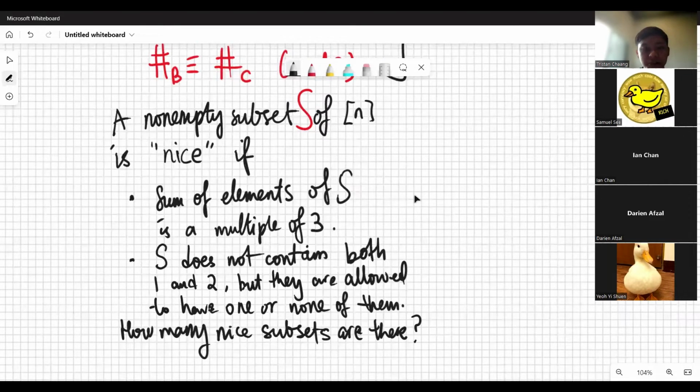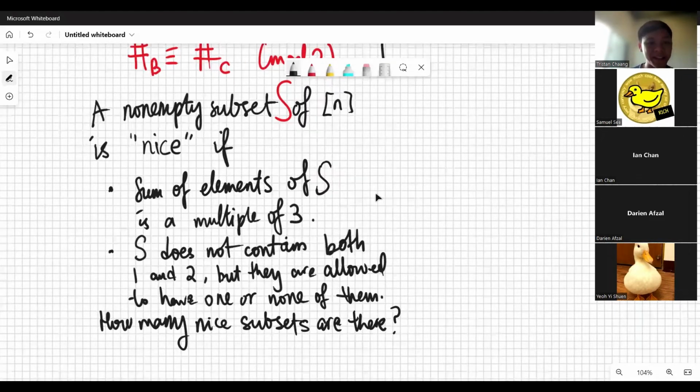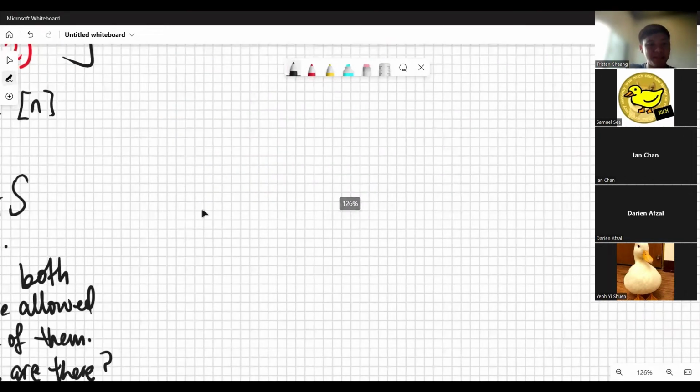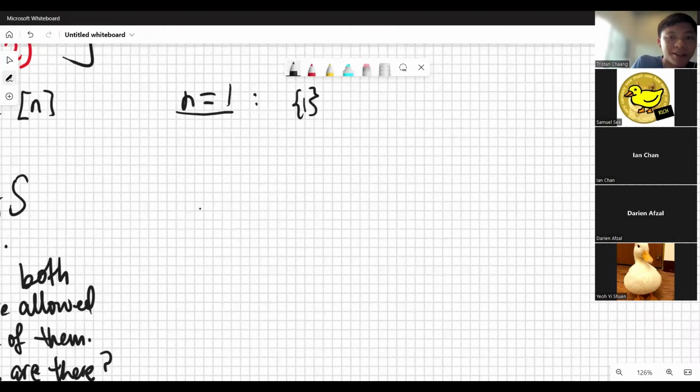So let's look at a few small cases again. So n is, say, 1. Then the subset will be obviously 1. Oh, sorry, there's no such set.